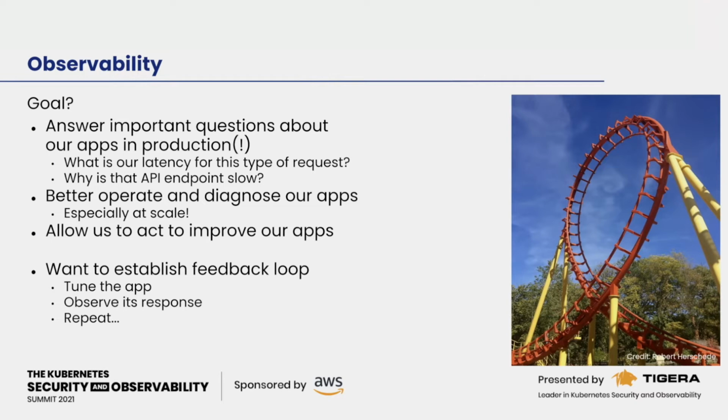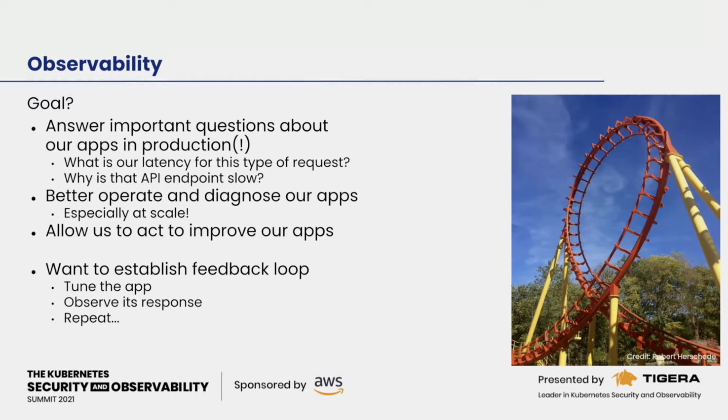Fundamentally, we want to improve our apps at scale, and we want to establish a feedback loop where we can tune the application, either by manipulating its configuration parameters. We then observe its response with our observability features, and then hopefully we've improved it, and then we want to repeat and improve it again.